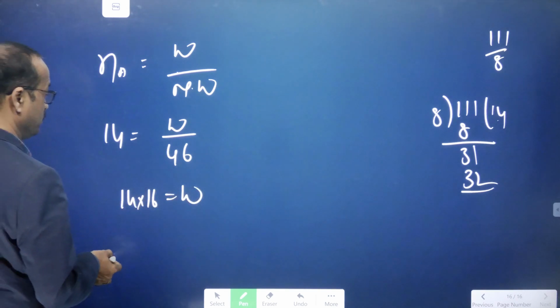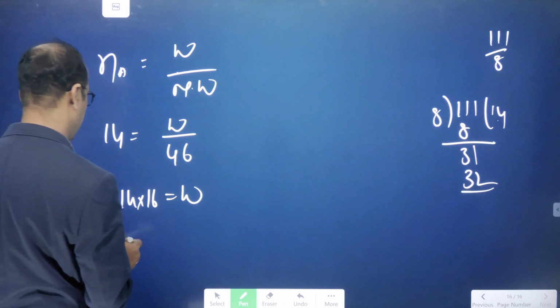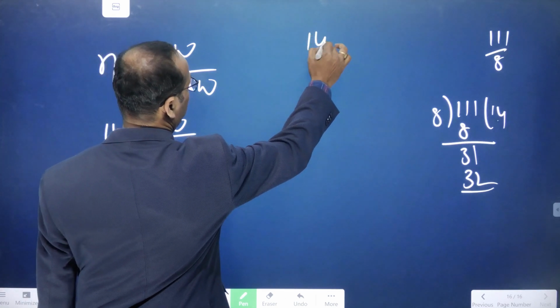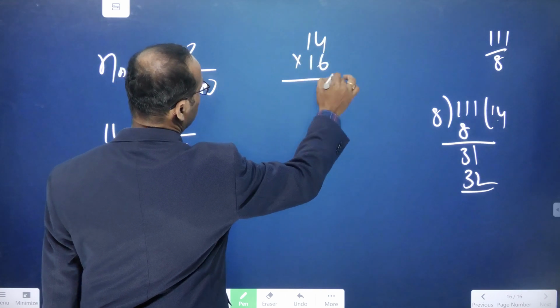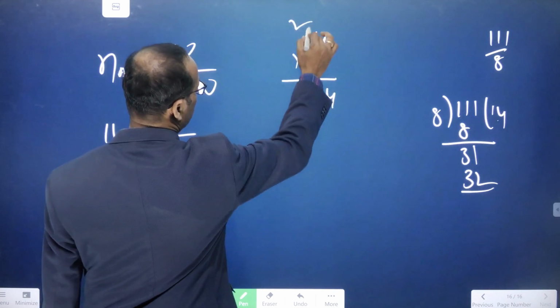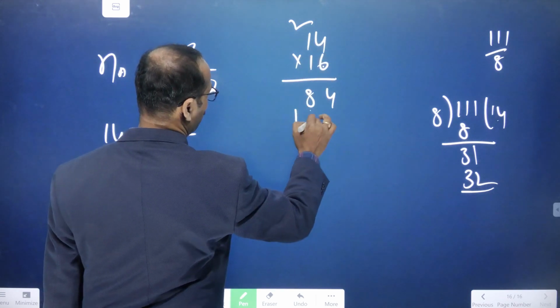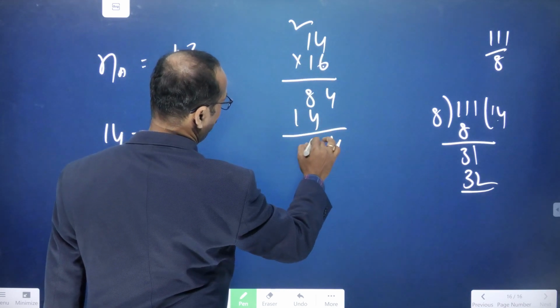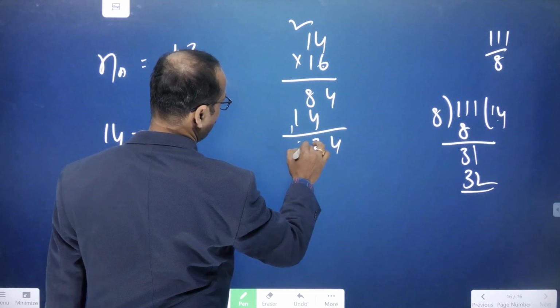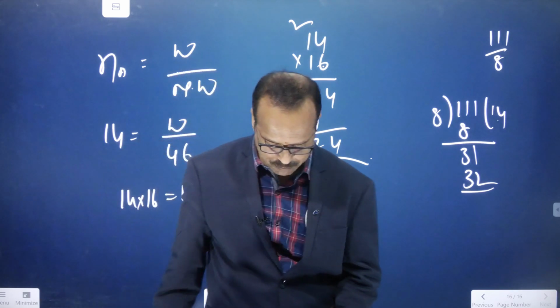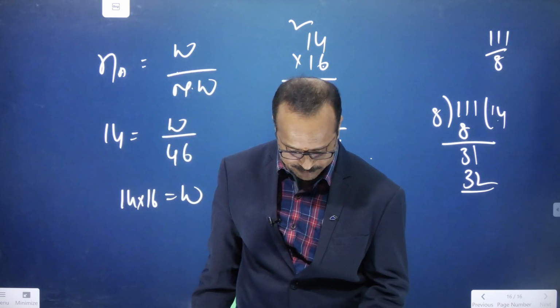Now multiply. Yeah, a lot of calculation is there here. So 14 into 16, 6 4s are 24... 224 should be your answer, but it is not there.